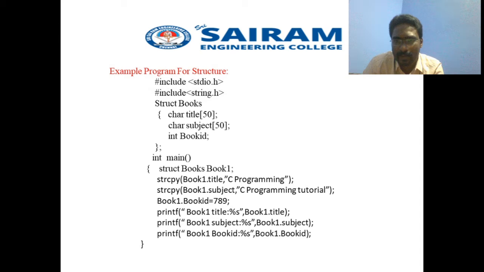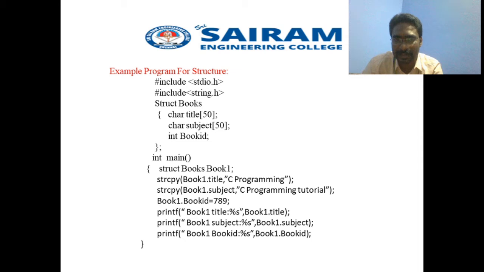Here we are going to see a simple example program for a structure. I am just going to collect the details of a book, and my structure name is books. Usually the attributes of a book are a title, a subject, and a book ID. A title comes under the character data type, so I am declaring it as the first data member.